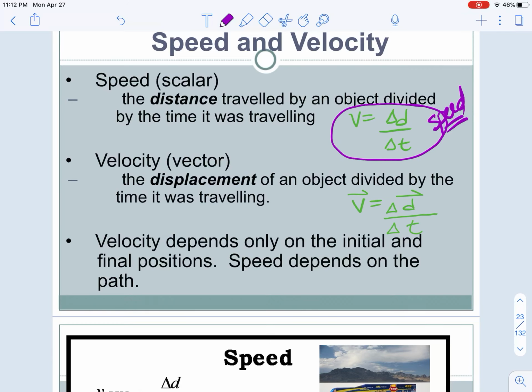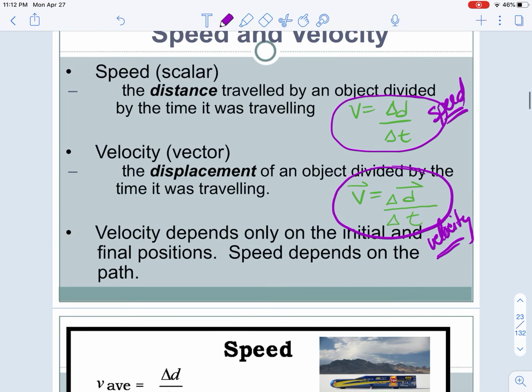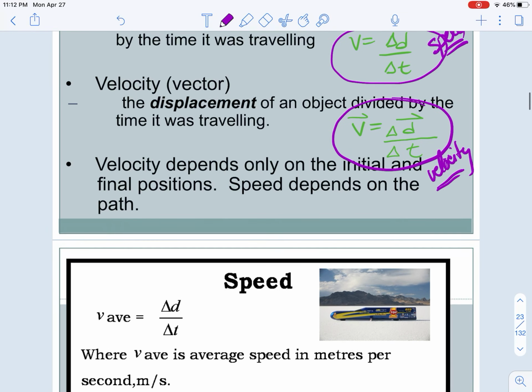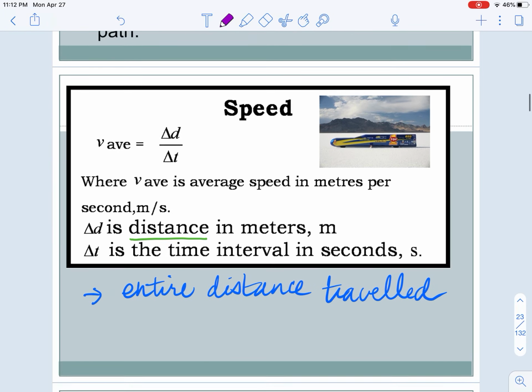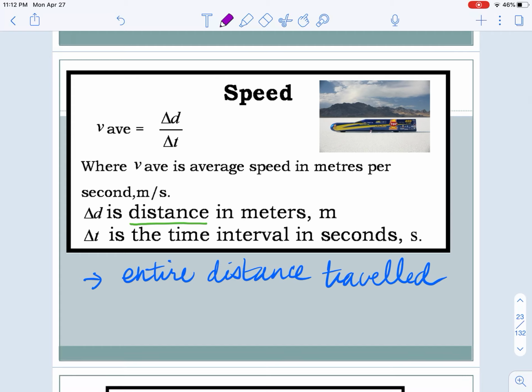Whereas if you are including the displacement or direction traveled, we would actually call that the vector quantity of velocity. So this one is the one we'd call velocity when you're taking into account the change in distance as a vector quantity over change in time.